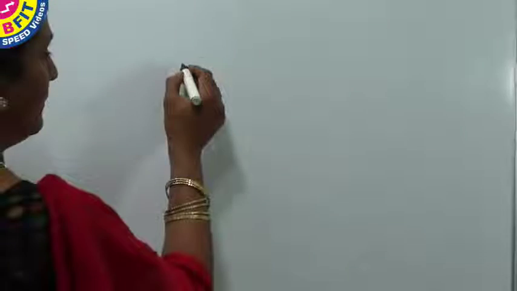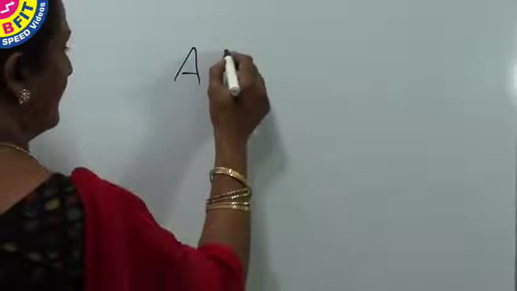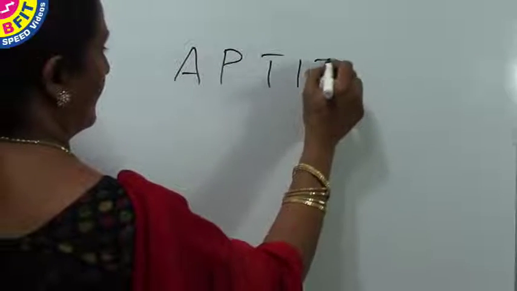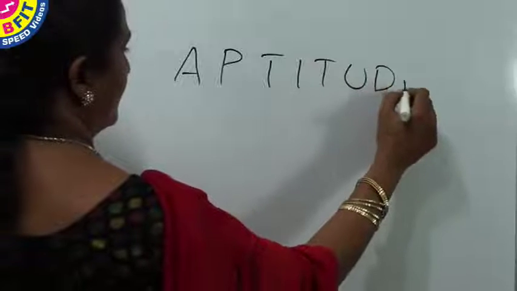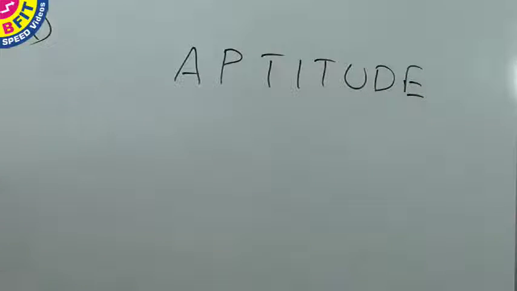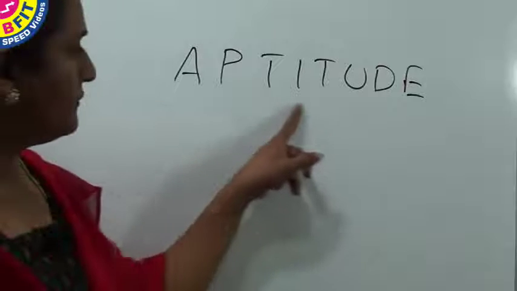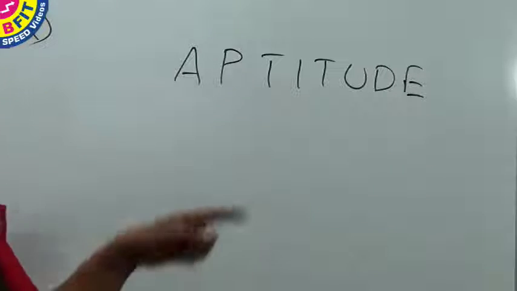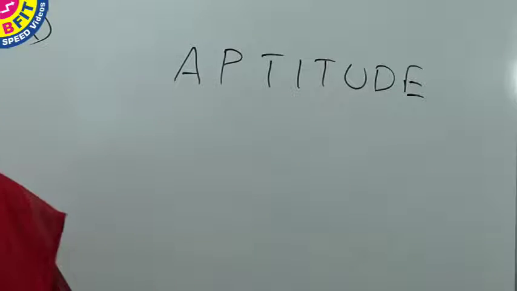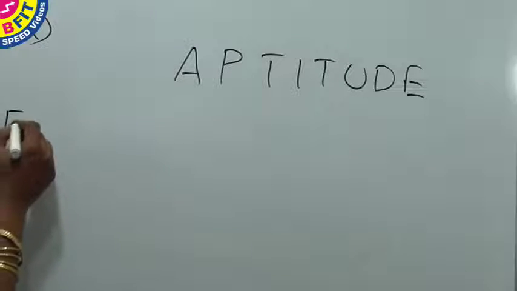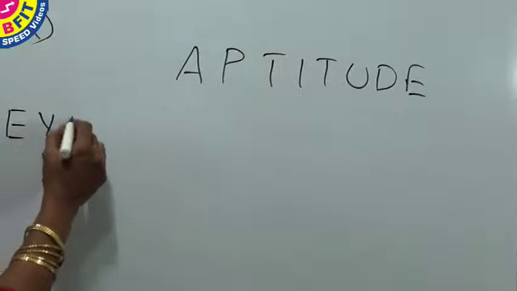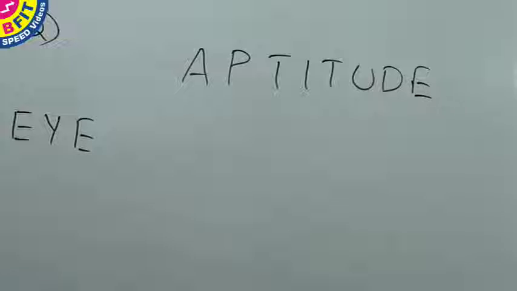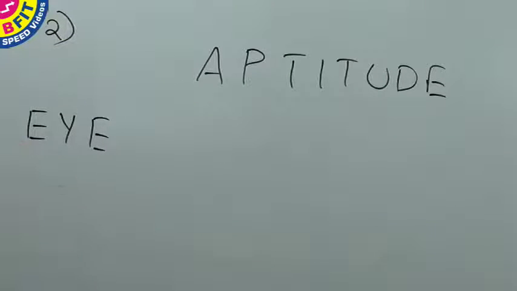Here the given word is aptitude. In this you have 8 letters, and the letter T is repeated twice. Say for example, suppose you are rearranging the letters of a word, and this is one arrangement.